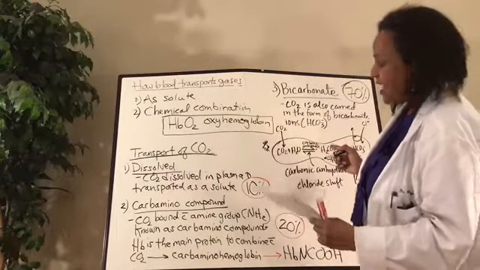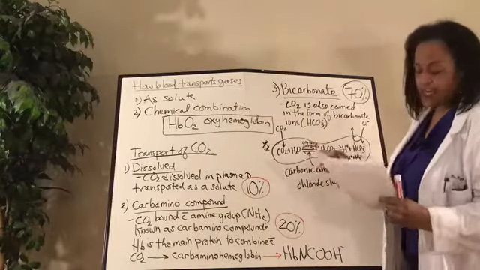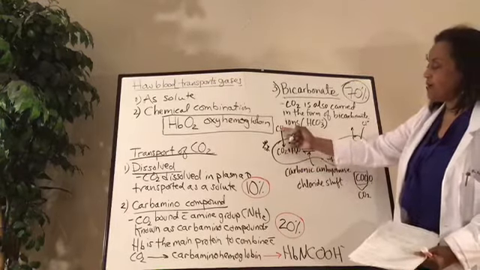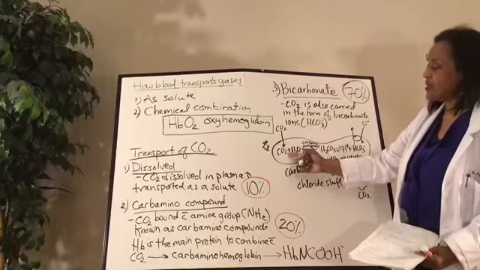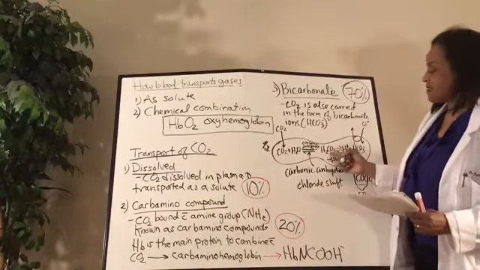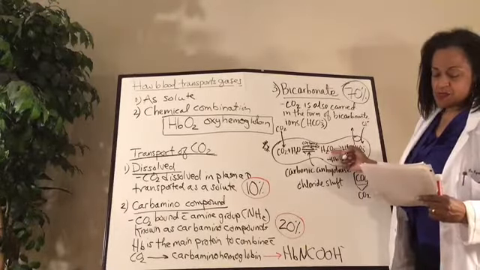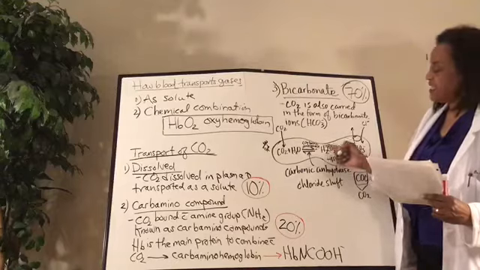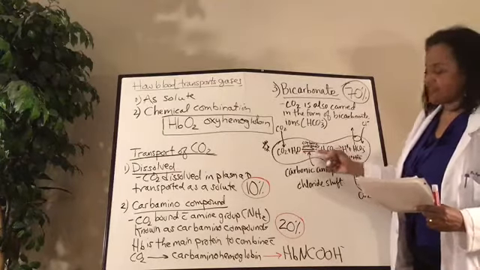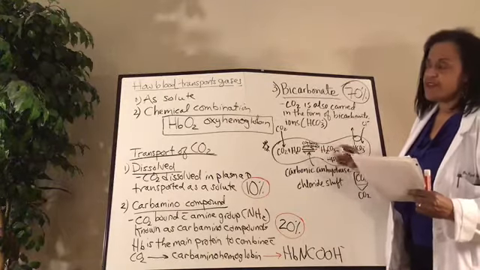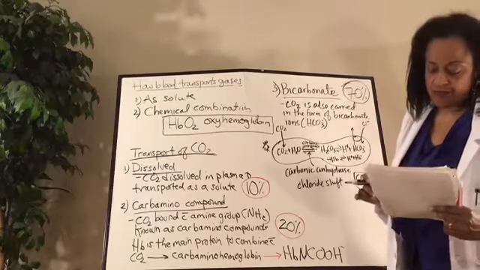Some of the carbon dioxide that's entering the red blood cell will combine with water to form carbonic acid. That's this. It uses an enzyme, carbonic anhydrase, that's present inside each cell.